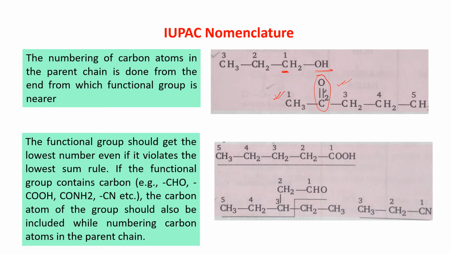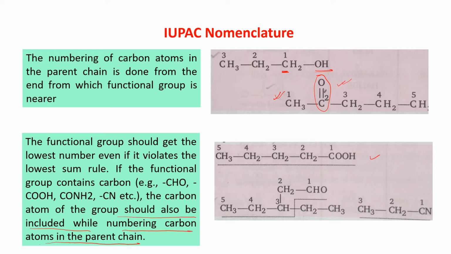The functional group should get the lowest number even if it violates the lowest sum rule. If the functional group contains carbon, for example, CHO, COOH, CONH2, CN, etc. As I told you all these things, if the functional group is containing one carbon atom, the carbon atom of the group should also be included while numbering carbon atoms in the parent chain.